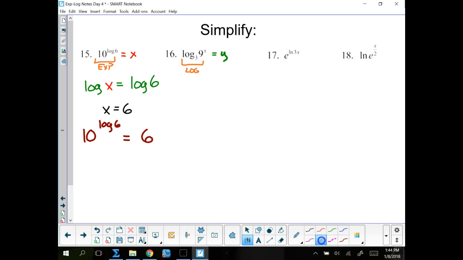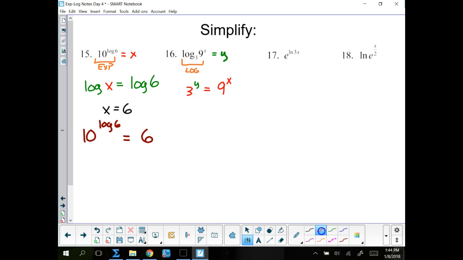So that means I got to switch it to exponential form. What's my base? My base is 3. What's my exponent? No. Y is my exponent in the logarithmic form. What's my answer? 9 to the x power.